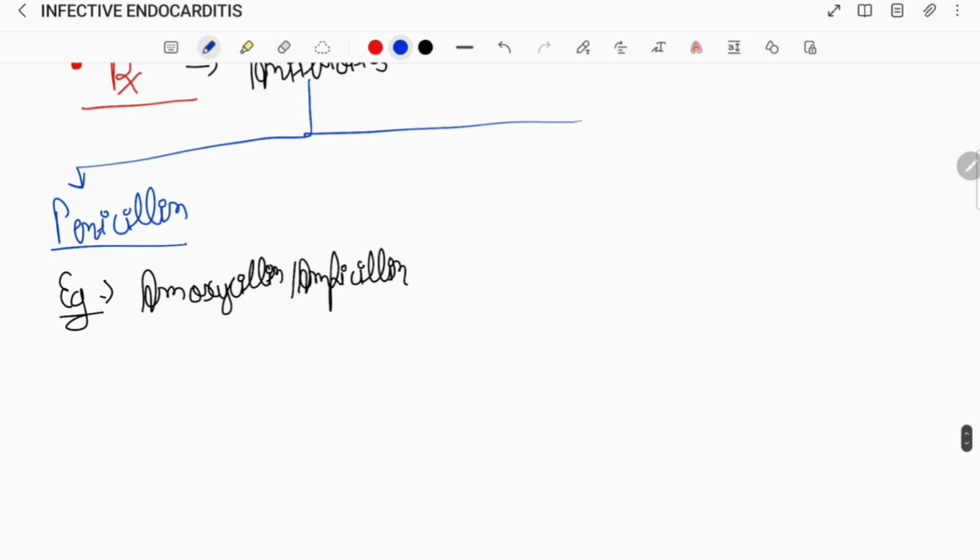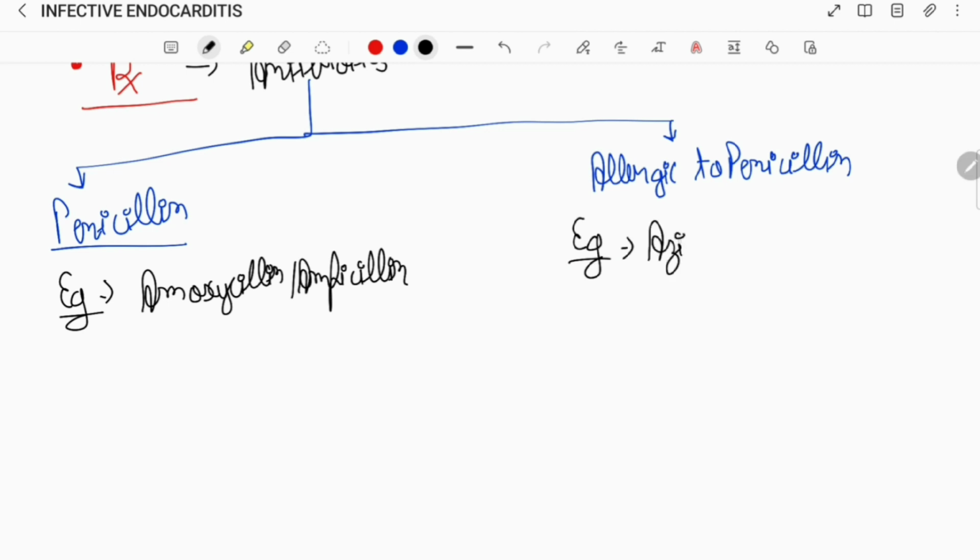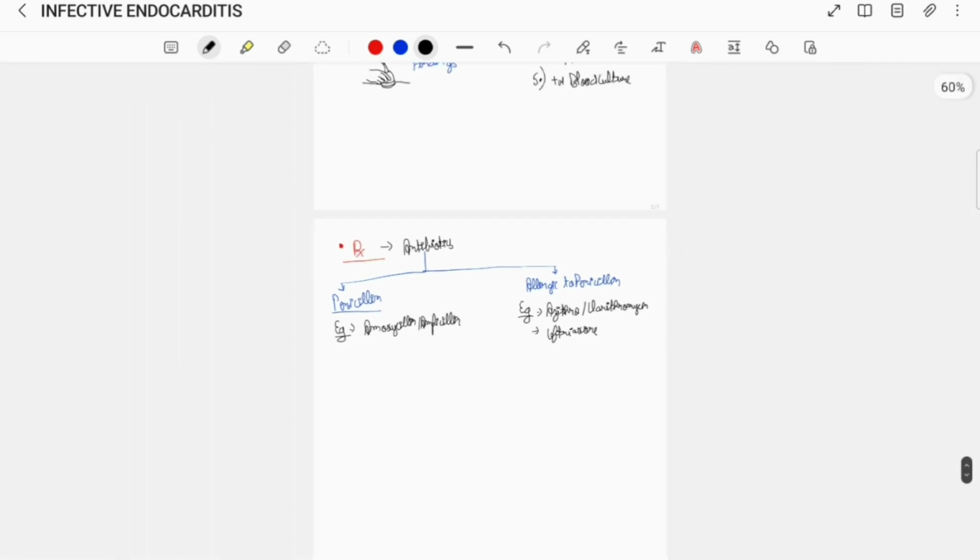Now, if the patient is allergic to penicillin-based antibiotics, you can use other antibiotics like azithromycin or clarithromycin, or you may go for ceftriaxone or some other antibiotics. So this was all about infective endocarditis.